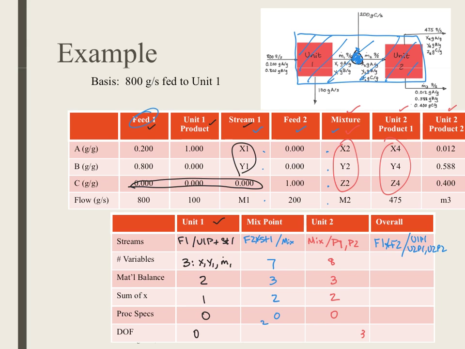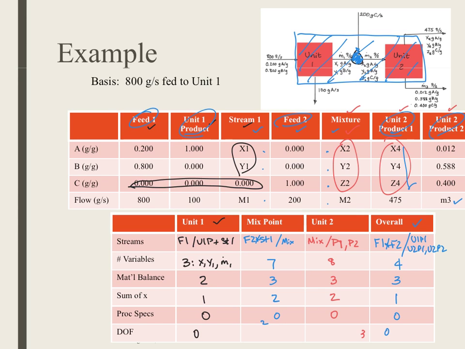So feed 1 and feed 2 come in, and Unit 1 product, Unit 2 product 1, and Unit 2 product 2 come out. Variables, well, this doesn't have all that many unknowns, right? So I have 1, 2, 3, 4 unknowns. Okay. I have 3 materials, A, B, and C all involved. I have 1 sum of x equation, no process specs. The degrees of freedom are 0 here. So the overall and Unit 1 are both well specified. I can work on those directly.